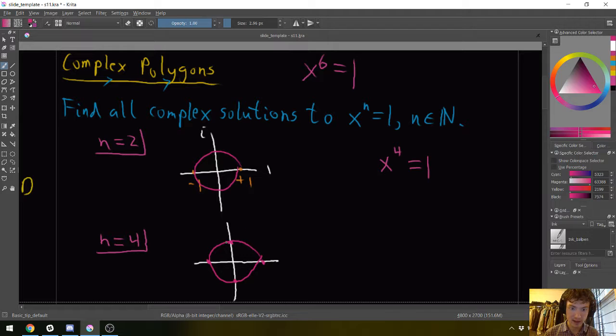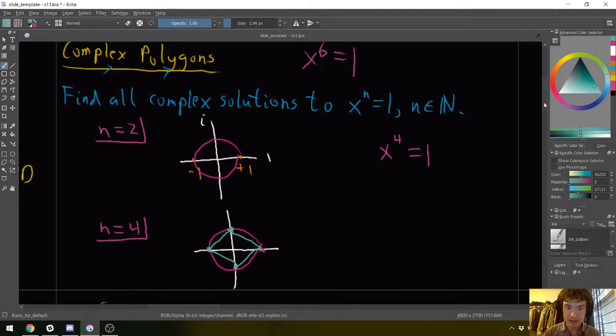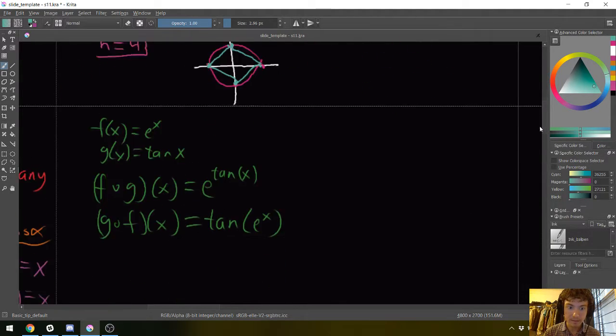So they're evenly spaced. So if you connect those 4 points that you just told me for the n equals 4 case, they form a square inside the circle, right? Which I'm drawing increasingly poorly. Yeah, that looks like a parallelogram, but whatever. So we're starting to see that the solutions for any n are going to lie on the vertices of a regular n-gon.